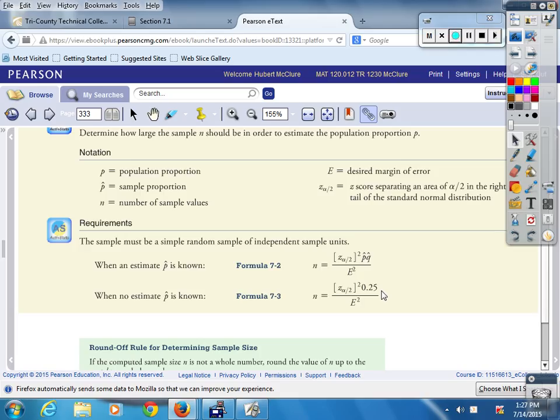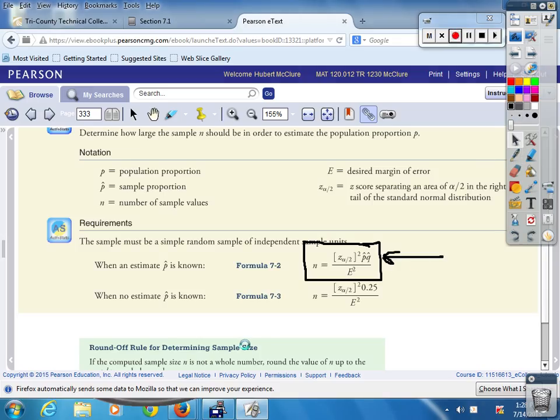So you can just remember the first formula, and just remember if P is not in the problem, you say, okay, I'm going to assume that P is 0.5. And if you assume that P is 0.5, then what is Q? 0.5, then 0.25. So you can remember 2 or you can remember 1. I say let's remember 1. And then just have that note in the back of our head that if I don't see a P, then I've got to use 0.5. Okay?